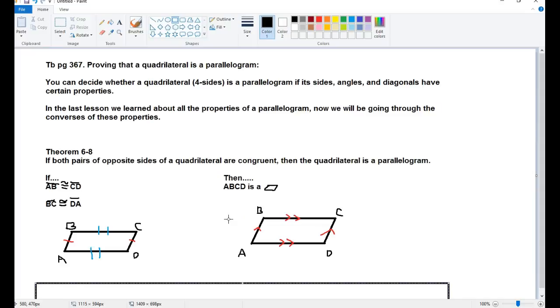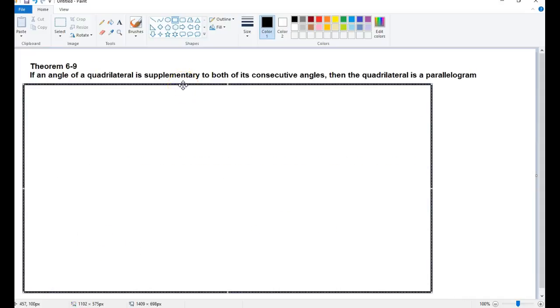All right, we're going to go through the next two theorems, which have to do with the angles being supplementary and the angles being opposite. The first one is the converse of 6.4, which talked about the supplementary angles.